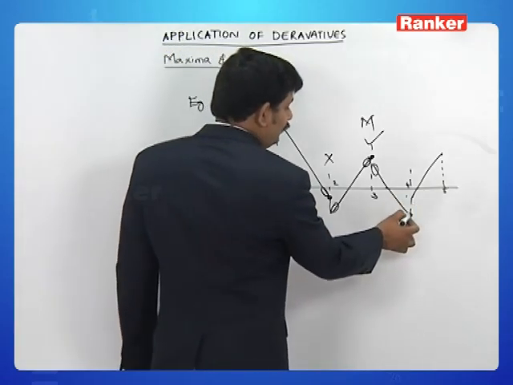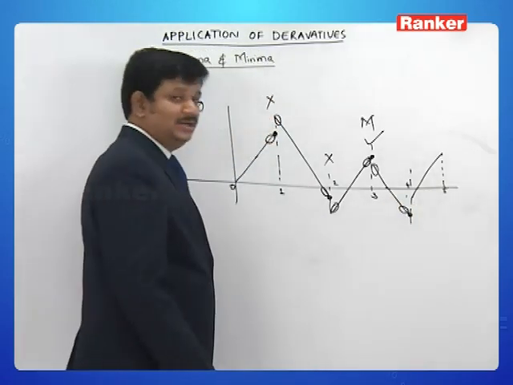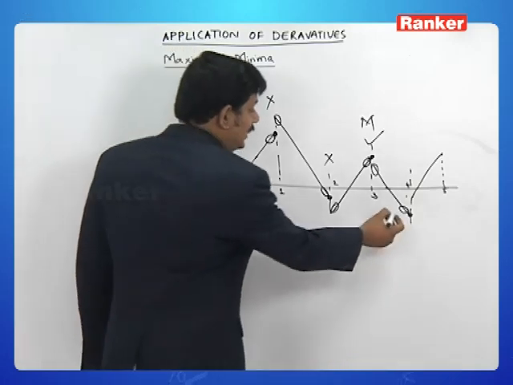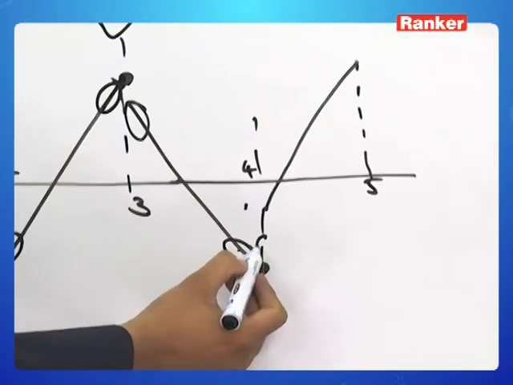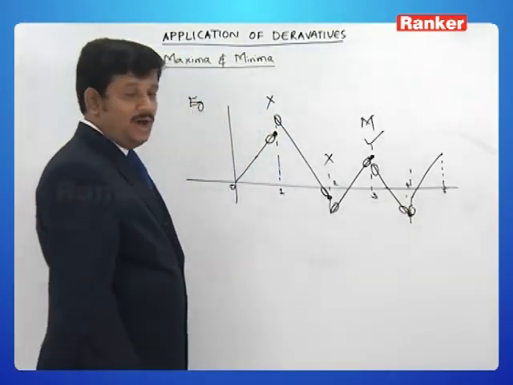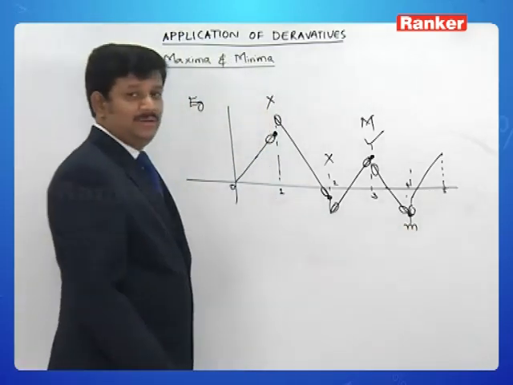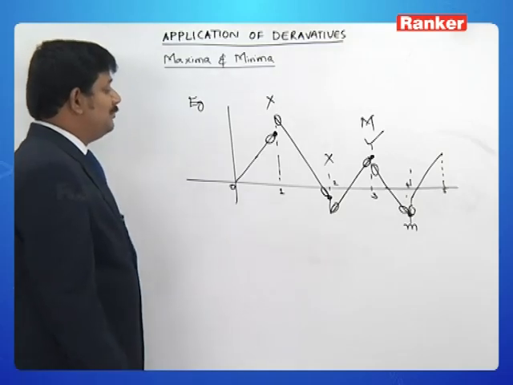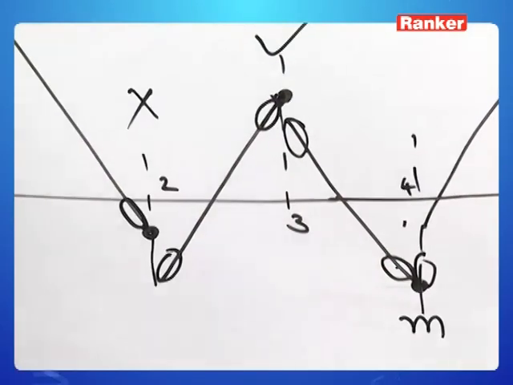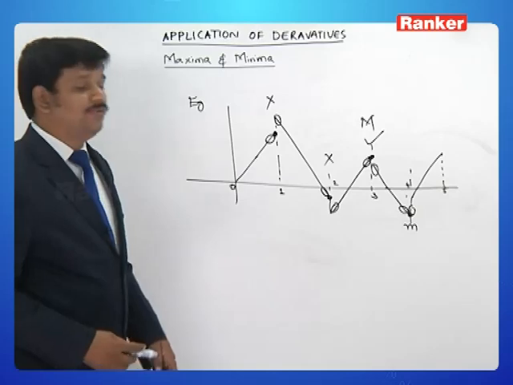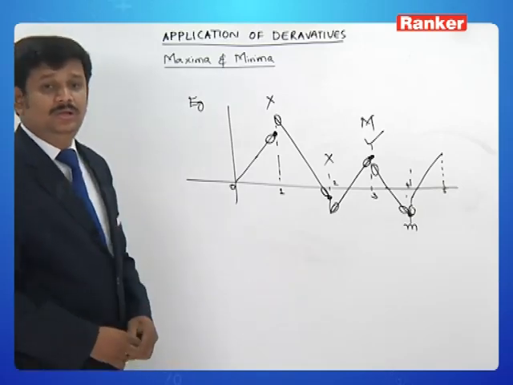And at 4, we can see function values to the left are more than f of 4, and to the right also more than f of 4. So 4 qualifies to be a local minimum. So we have local maximum at 3 and local minimum at 4. No other point qualifies to be a local maxima or local minima.